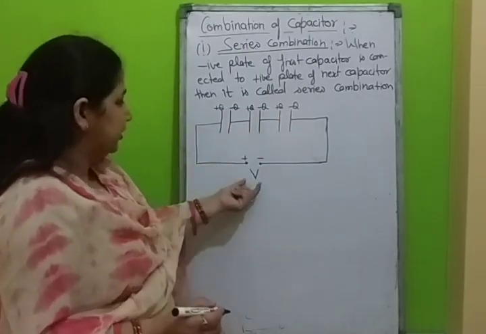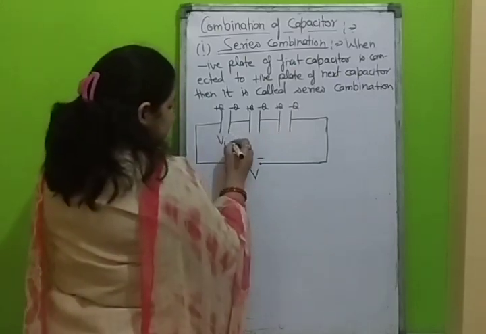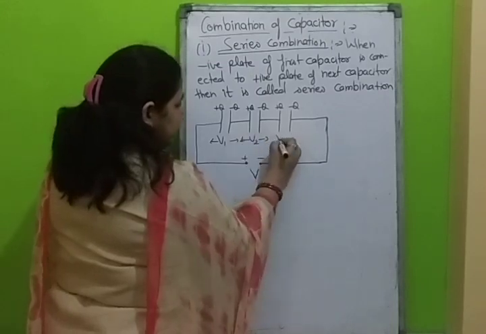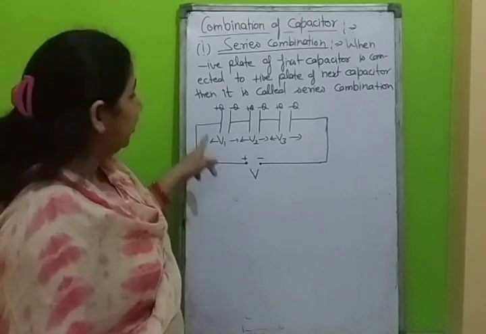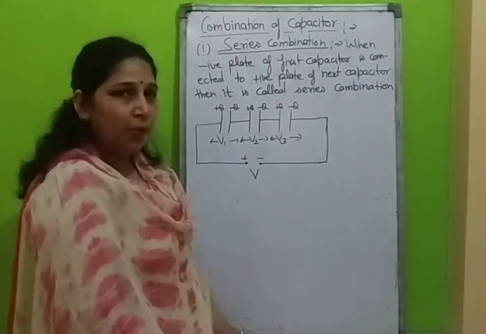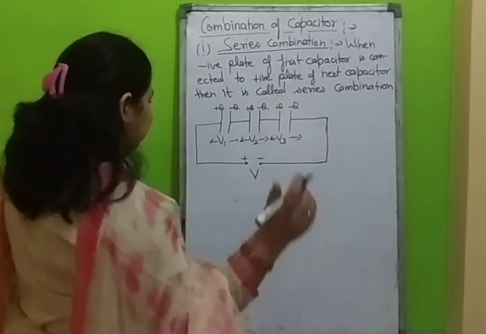Then definitely this V potential is divided into three parts. Suppose V1 is across this, V2 across this and V3 across this. As this is the series combination, charge will be the same, but the capacitance is the property of the individual capacitor, it may be changed.